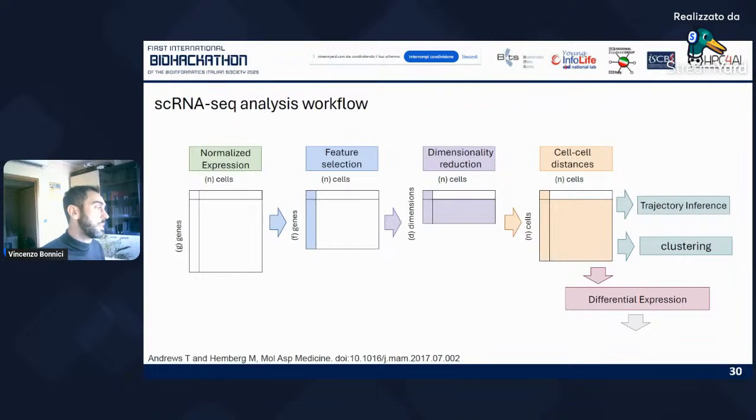And once you have this information, so the similarity or the distance between all the cells in your experiment, then you are able to do differential expression, clustering, trajectory, and so on and so forth. And all of this will be part of the next webinar that will be presented online for the BioHackathon, and they will be part also of the BioHackathon.